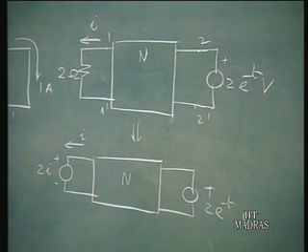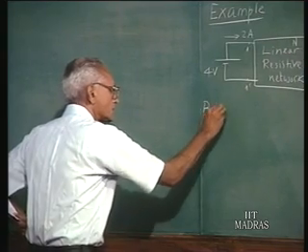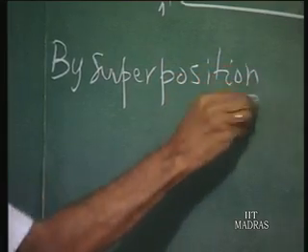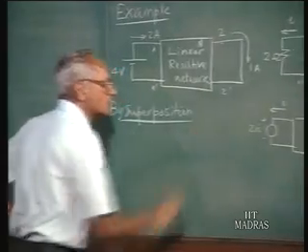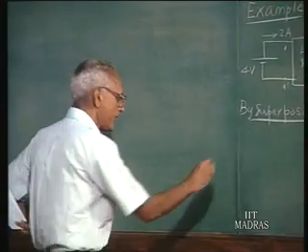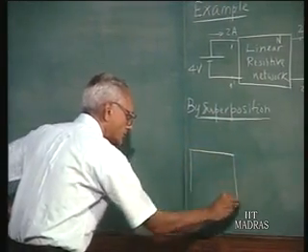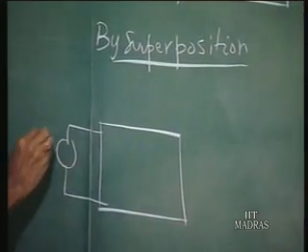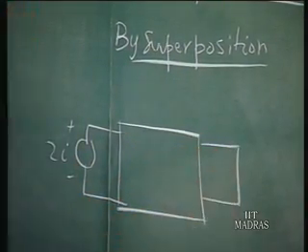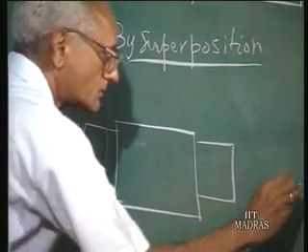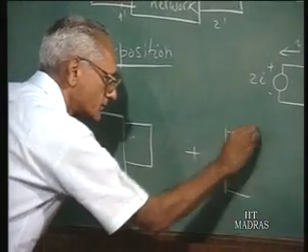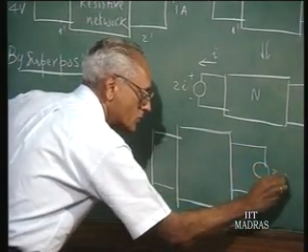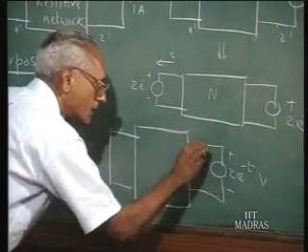So by the superposition principle, the conditions in this second network would be obtained by considering this source alone, 2I volts, and short circuiting the second source, plus short circuiting the first source, that is at port 1, and applying the voltage 2e power minus t volts at port 2.